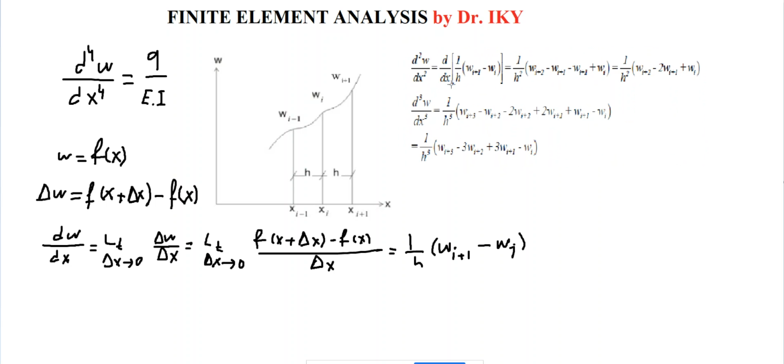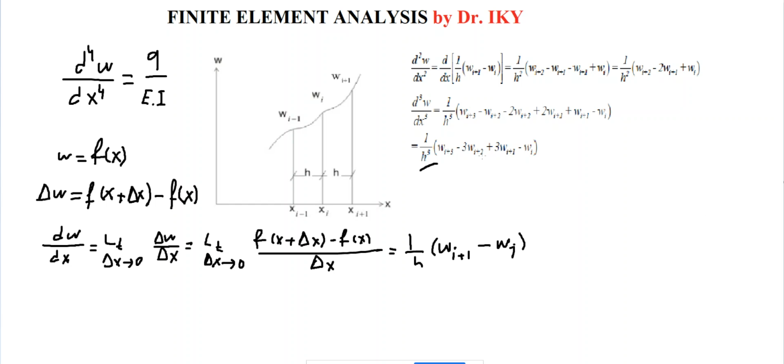Yes, we use the differential equations, second order, third order, and we will get here 1 over h to the power 3 times omega i plus 3 minus 3 omega i plus 2 plus 3 omega i plus 1 minus omega i. I try to explain the basics. This is not so important for now. Maybe later you will use it.